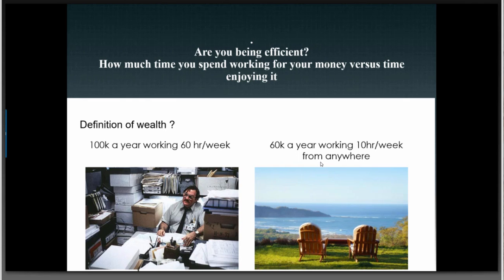Because to me, the definition of wealth, that's just my opinion, but you go read the 4-Hour Work Week and so forth, and the idea comes across: who's the wealthier guy or girl, the person who makes 100 grand a year at a desk working 60 hours, or the person making 60 working 10? I think that's the ratio you have to consider. I'd prefer to make a little less to have 90% more time to do what I want, or to travel, or to do whatever you want, really.